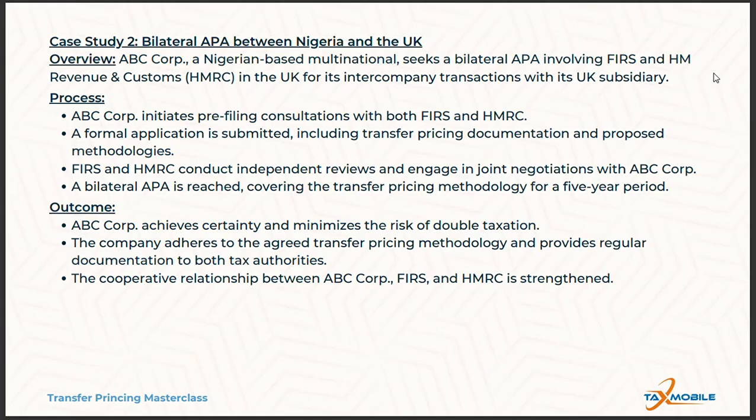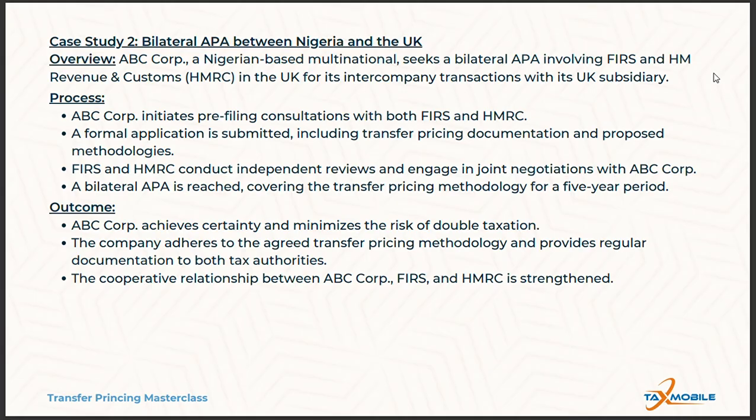Now, the process is that just like we mentioned in the unilateral one, ABC Corporation also initiates the pre-filing consultation. Now, not just with one authority, they initiate pre-filing consultation with both the Federal Inland Revenue Service and HMRC in the UK, and then they submit a formal application to them. The Federal Inland Revenue Service and HMRC UK independently review the application, and then they engage in joint negotiation.